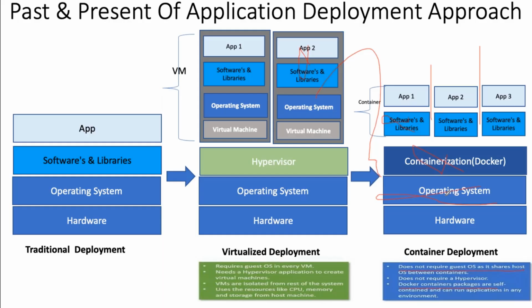But there is something called container orchestration, guys. Using container orchestration, we can manage the containers. That we will understand later. First, let's understand containers, then we will understand container orchestration. Container orchestration software includes Docker Swarm and Kubernetes.